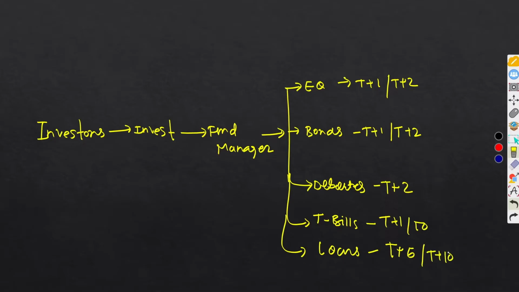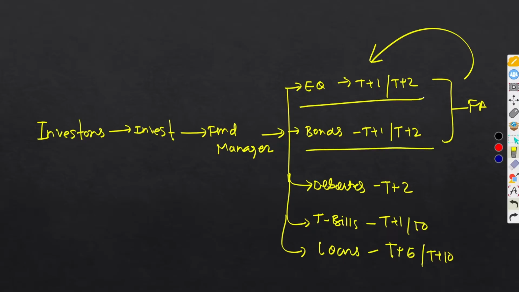So basically, your fund accountant refers to this trade life cycle and books or records the transactions in the books of fund. This is where your fund accounting team comes into the picture, because they follow this settlement cycle or trade life cycle and record the transactions in the books of account.